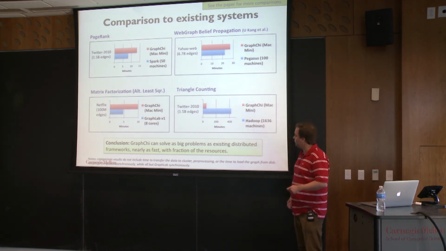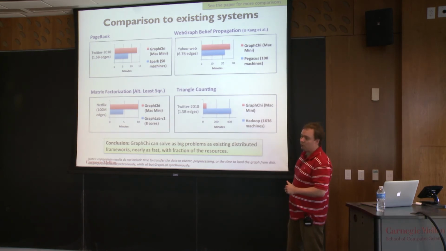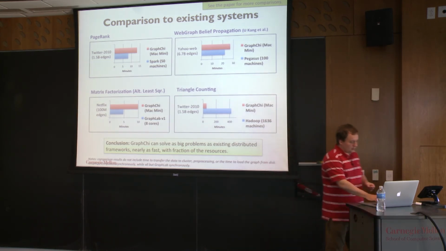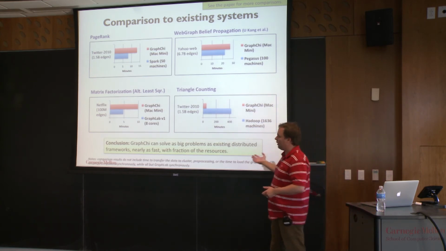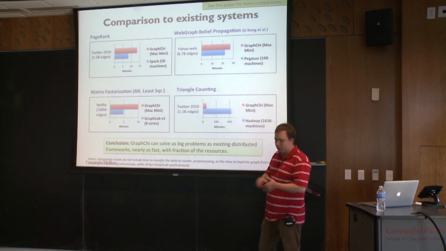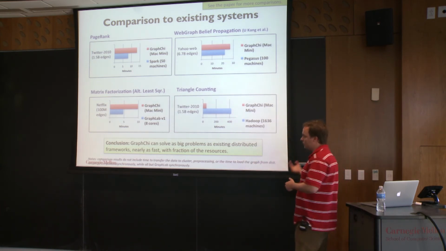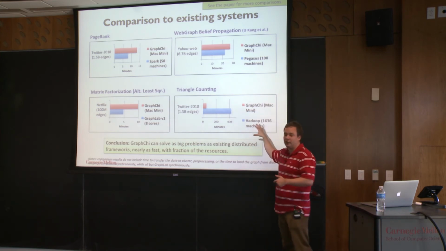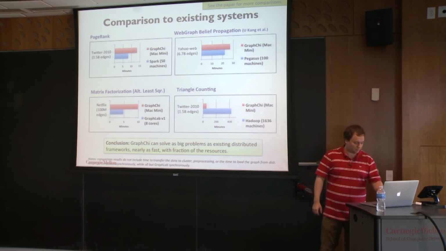It took about 450 minutes or so, and with GraphChi it's about 1 hour. So I think as a conclusion, I dare to say that GraphChi can solve problems in reasonable time. And what is even more important, it can handle the same problems that have been done on large systems before.